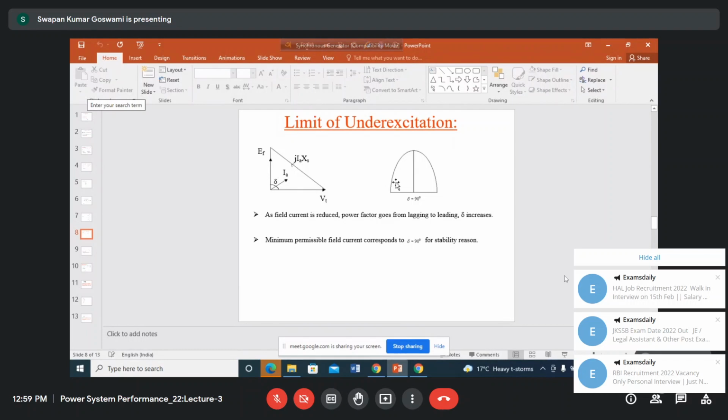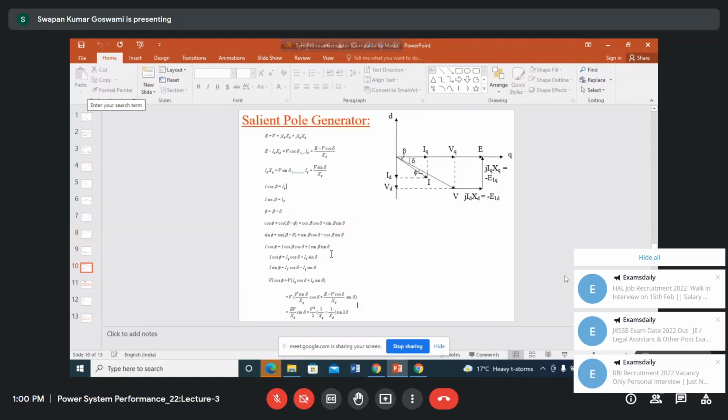Or we can say that for a salient pole machine, because of the presence of the sine 2 delta component, since the amplitude will be somewhat higher, for a small change in delta there will be a larger change in the value of power. Okay? That means if you want to increase the power, a smaller variation in delta is necessary.